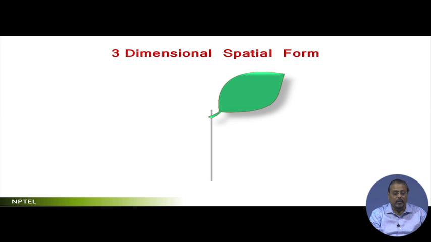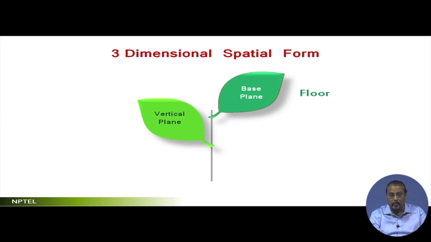Basically, there are three planes. The first is the base plane, which represents the floor. In a building, it is a floor. The next one is the vertical plane, straight like this. In a building, it is the wall.